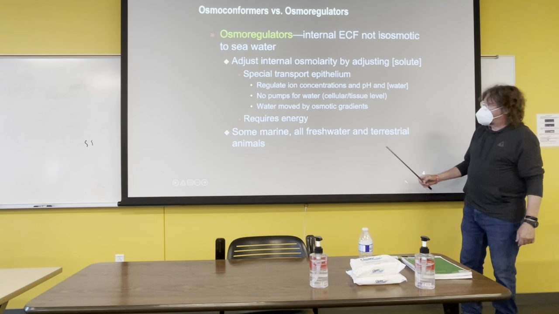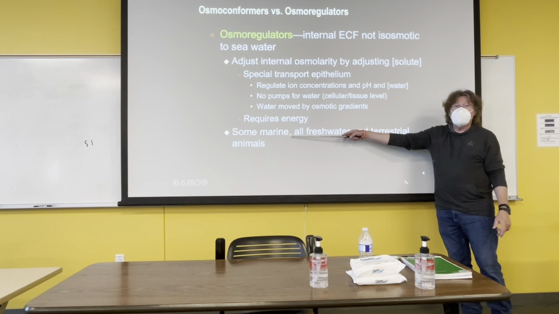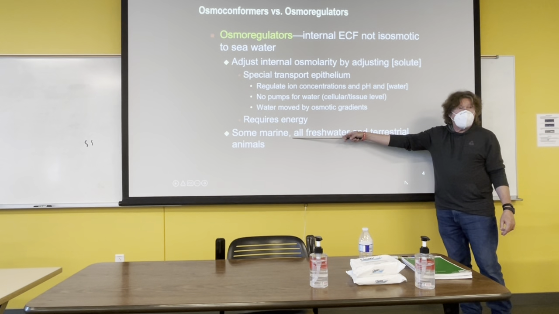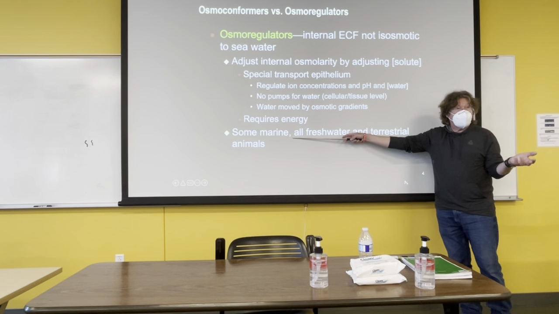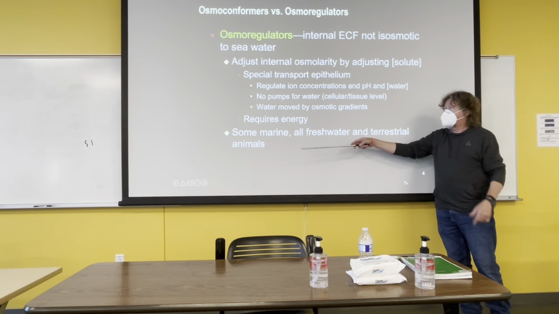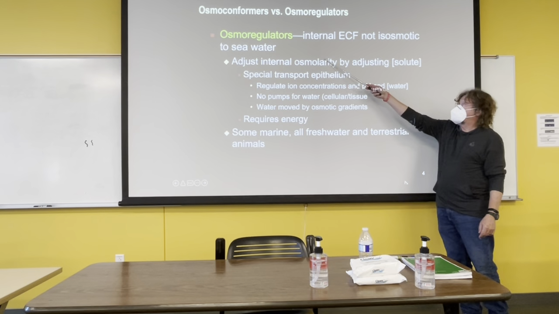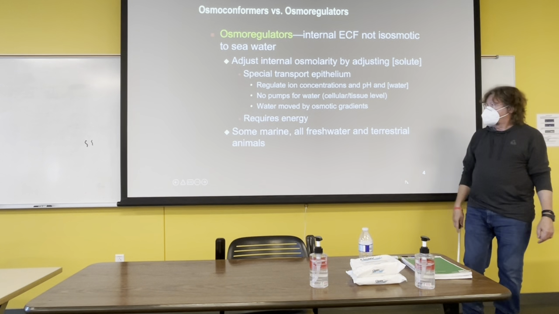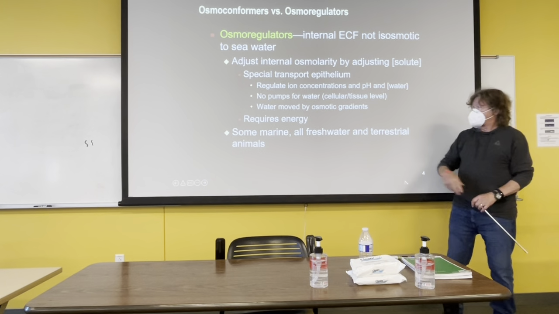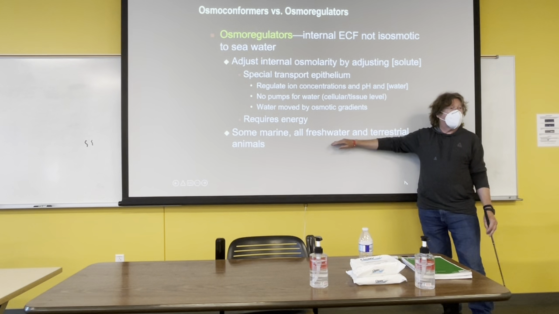Okay, but there are still some marine animals that have an ancestry of having lived in fresh water and then returning to the ocean, and they end up being osmoregulators. All freshwater animals, because what is the solute concentration in fresh water? Very, very low, okay?